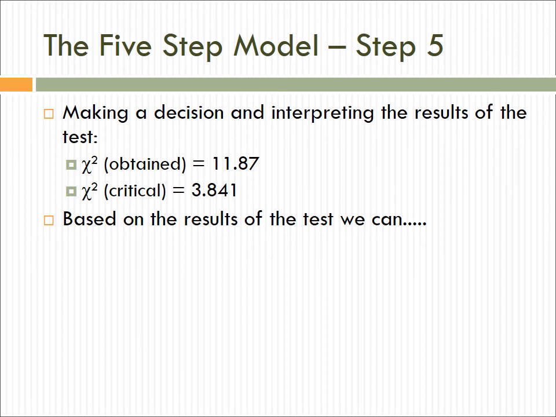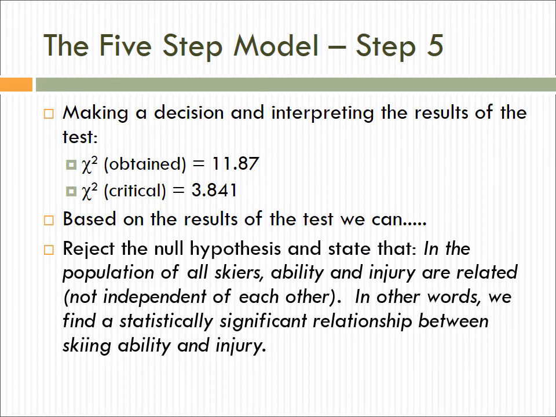Alright, so in step 5, we obtained 11.87, but our critical chi-square was 3.841. So, if the obtained chi-square is higher than the critical value, then you know it's statistically significant. So I want to spend a little bit of time talking about if your chi-square number or your t-test number or your ANOVA number is larger than the critical value, it is statistically significant.